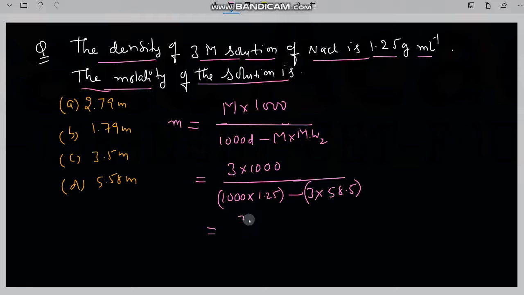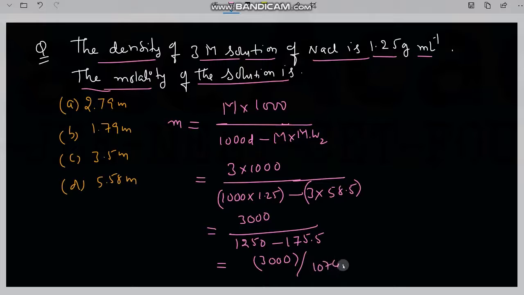So it will be simplified: 3000 by 1250 minus 175.5. After that, 3000 divided by 1074.5 is coming.